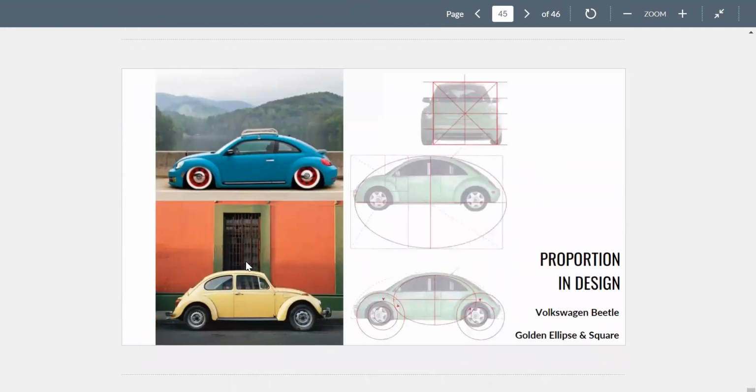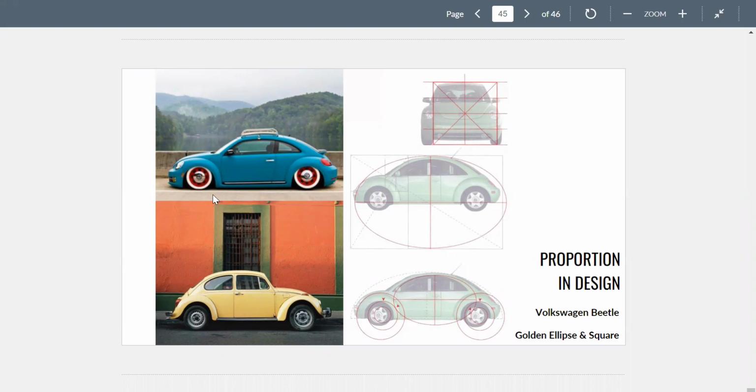So you can use geometrical shapes in a way like that. That's why I sometimes ask you, when you have a composition, to divide it into three and have one third of it be the focal point, because some of these principles will enhance your design composition.